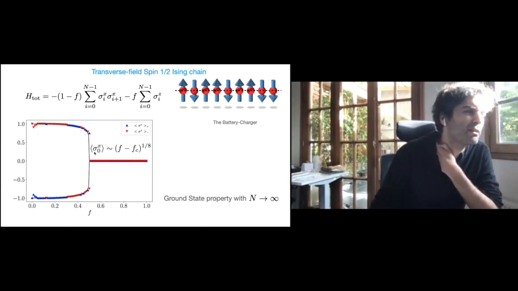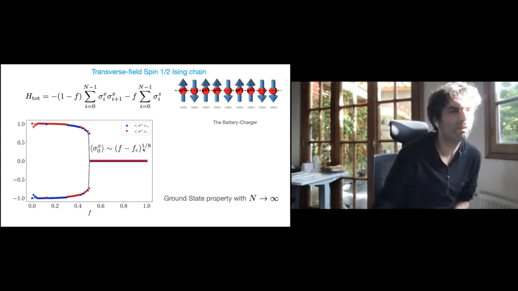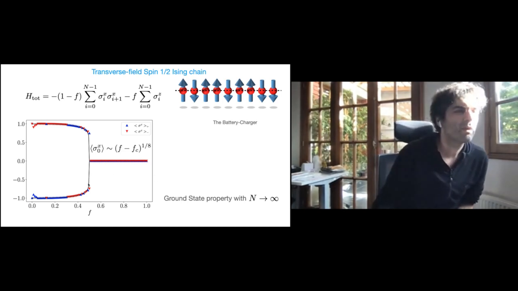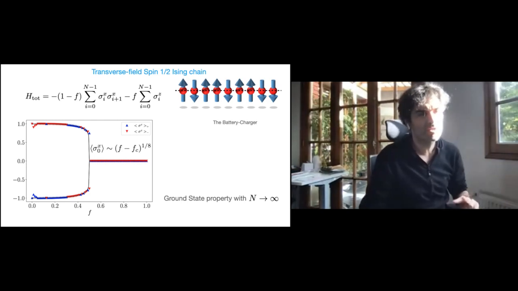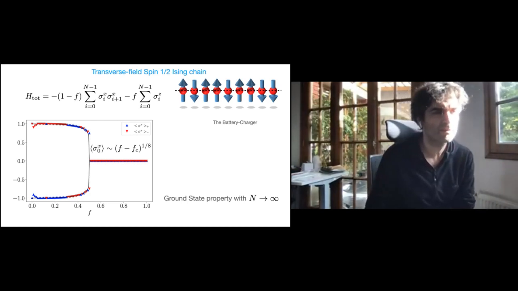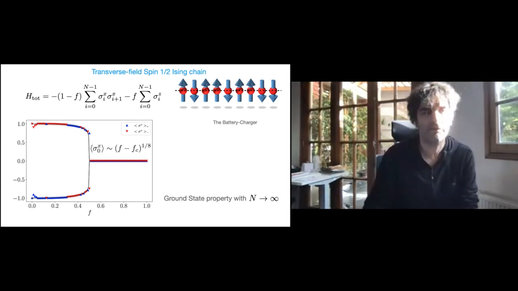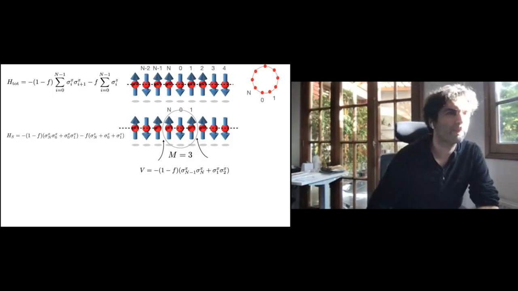And this magnetization is characterized by a critical exponent in the vicinity of the critical value F equal 0.5, given by this exponent. So this, as I said, is a property of the two degenerate ground states, which appear in the limit of infinite size, right? So this is the global system.